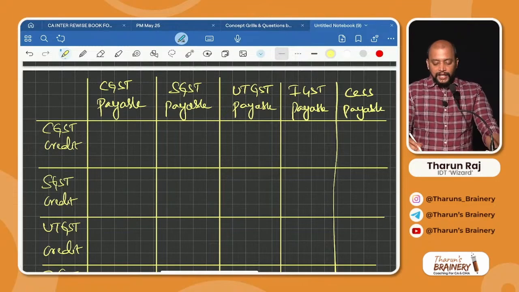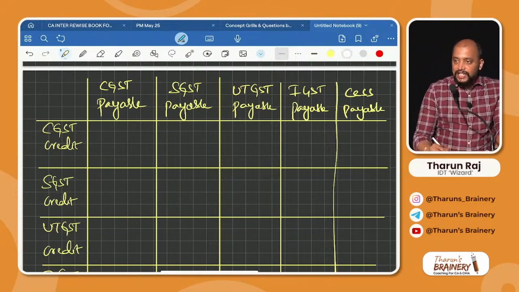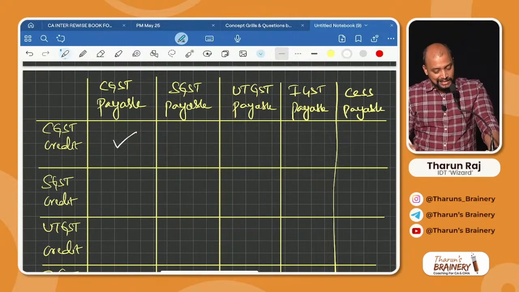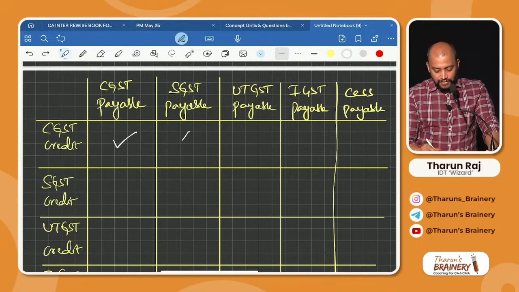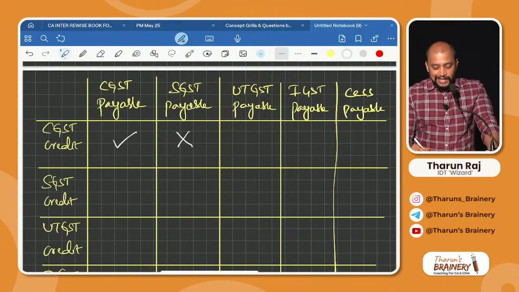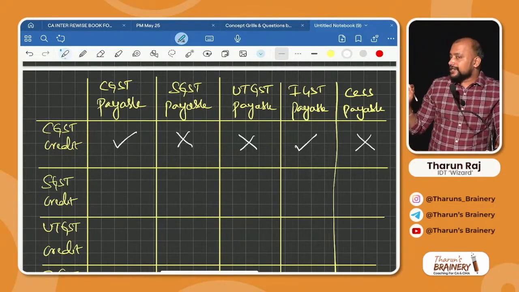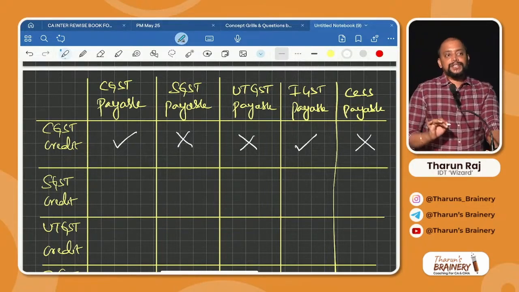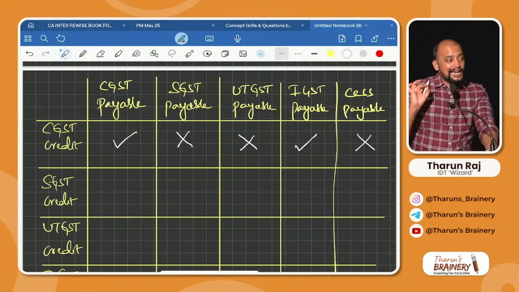Now, can I use CGST credit for payment of CGST? Yes. SGST? No. UTGST, IGST, cess, I cannot use. I cannot use CGST credit for payment of cess. So CGST credit can be used only for CGST or IGST.